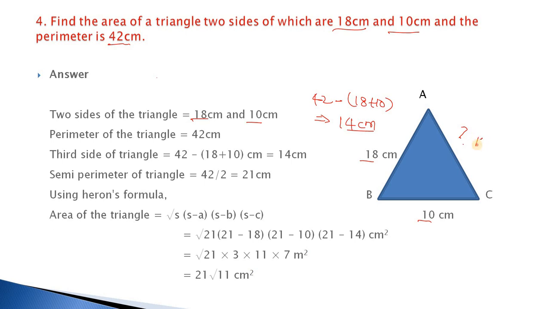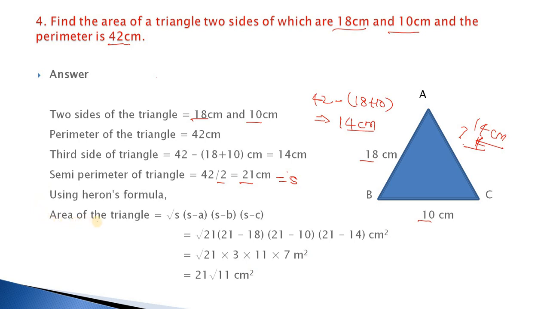The length of AC is 14 centimeter. And the semi perimeter of the triangle, we are given the perimeter, we divide by 2 and we get the S value, semi perimeter is 21 centimeter.